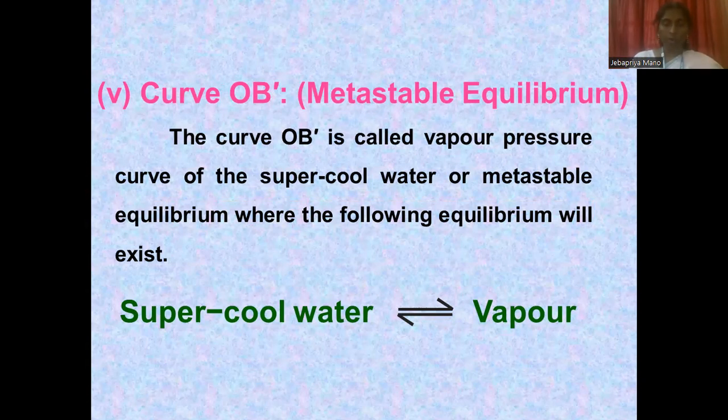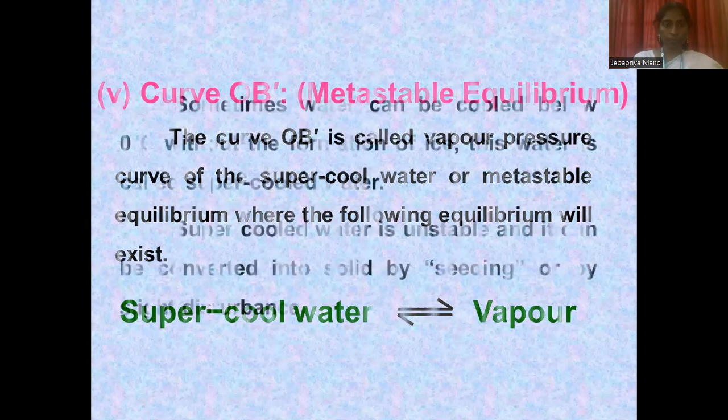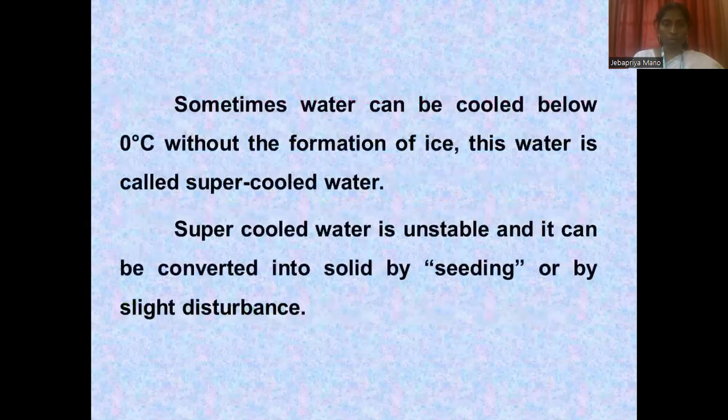Such water is called supercooled water. Supercooled water is unstable, that's why we represent the line by a dotted line. That water can be converted into solid even by a slight disturbance. So on the metastable equilibrium curve, the supercooled water and vapor will be in equilibrium.